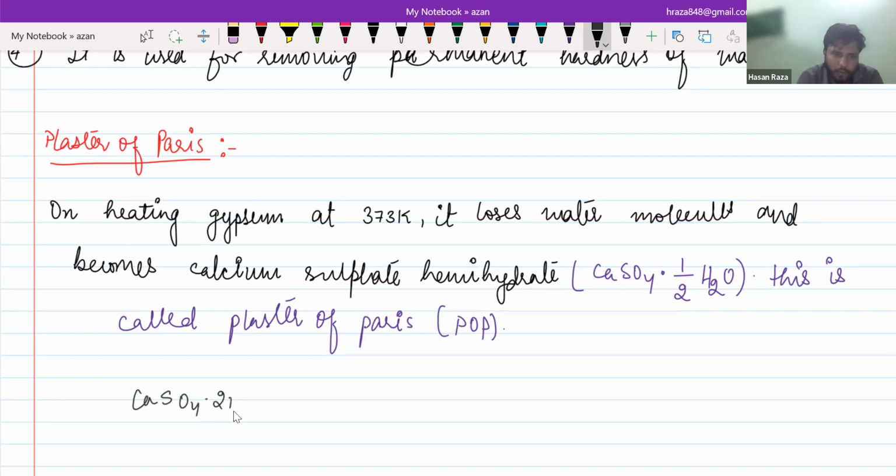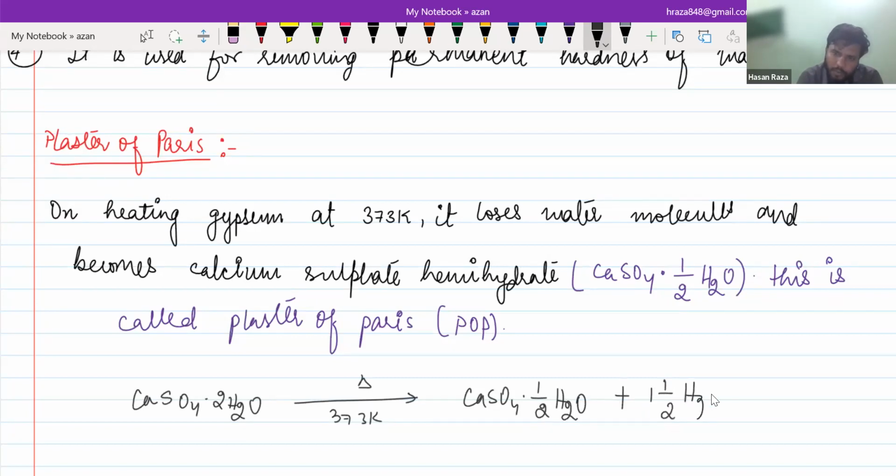Calcium sulfate 2H2O, if we heat it at 373 Kelvin, becomes calcium sulfate half H2O, that is POP, plus 3/2 H2O. So this is gypsum and this is POP, plaster of Paris. Please write it. Then I'm going to show you the uses of it.